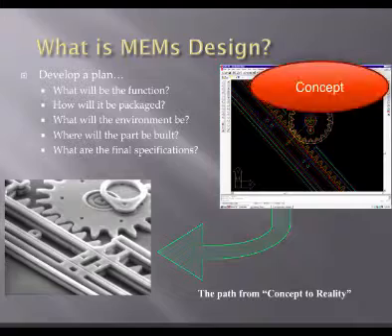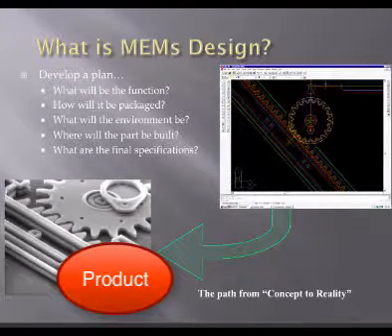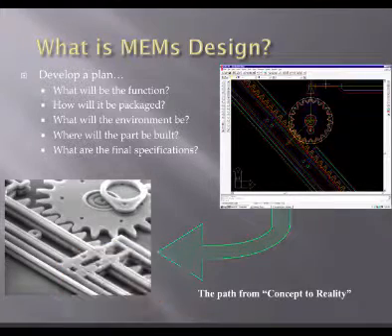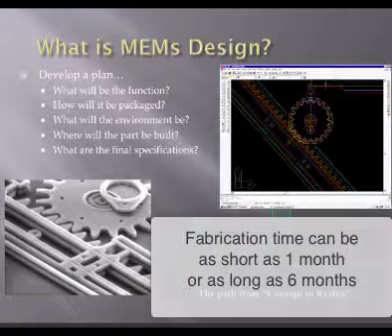When you design something, you go from concept to an actual product. And it takes a while to make these things in a clean room. Even a very simple design might take a month to get through the clean room. At Sandia, it might take 6 months because they wait until they have enough designs to put on one mask set.